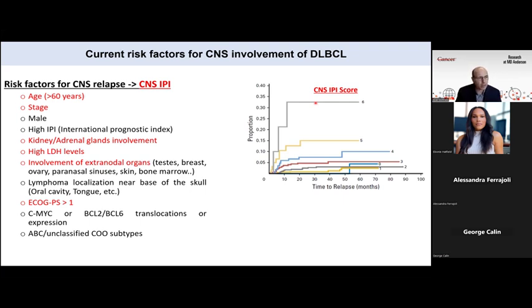The way to analyze for involvement is also by CSF aspiration and looking for cells in the CSF. So we thought maybe we should look at metabolites in the CSF and see whether we can identify a signature and a risk factor for CNS lymphoma.